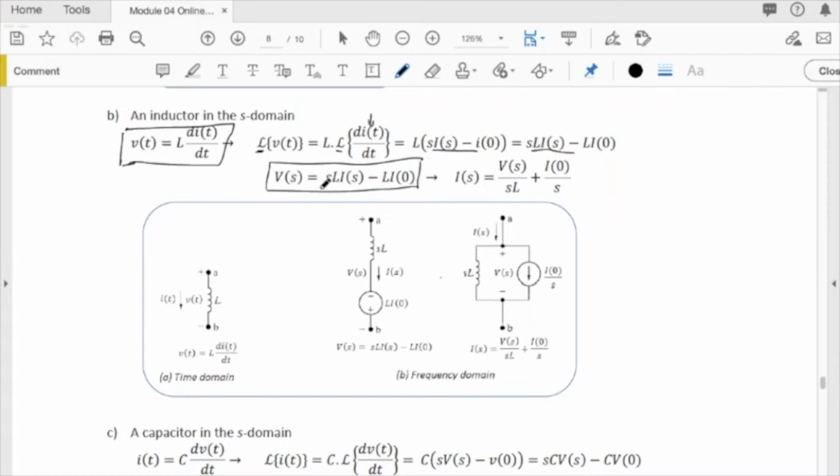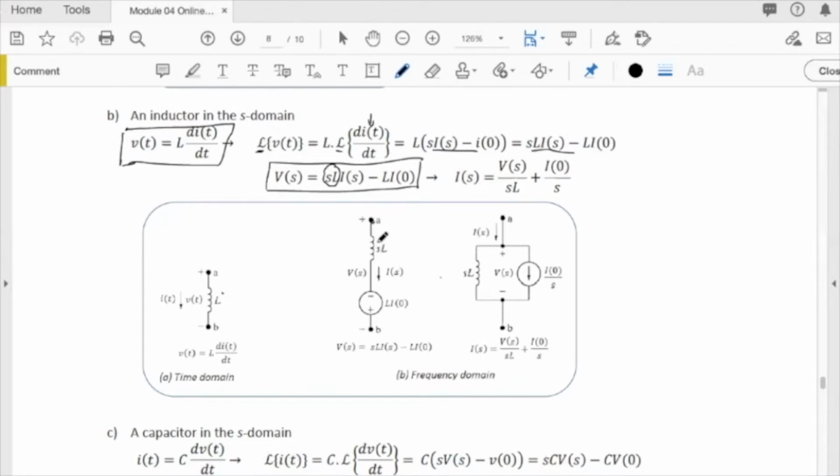You can see that the voltage developed is equal to two components. The first component is this one, where the sL refers to the value of the inductor in the S domain. In the time domain, the value of the inductor is just L, but in the S domain, the value of the inductor is s multiplied by L. If you have nodes A and B, you can view this inductor as a resistance.